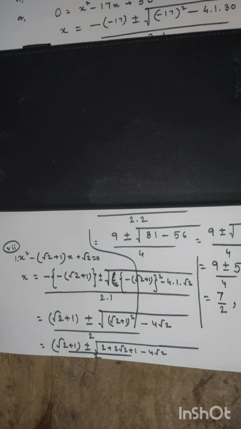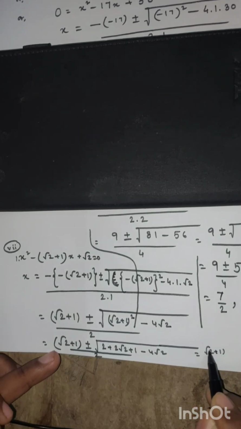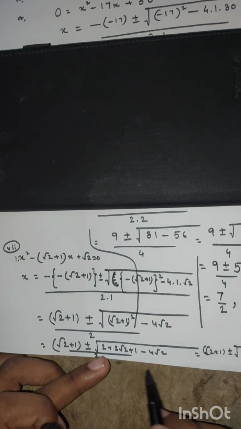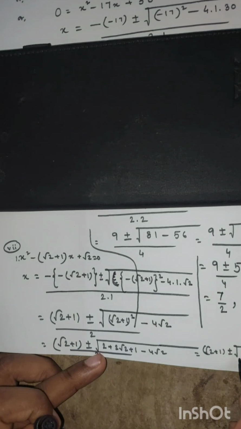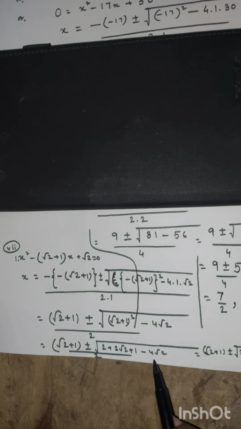Now plus 2 root 2 minus 4 root 2, it becomes minus 2 root 2 by 2.